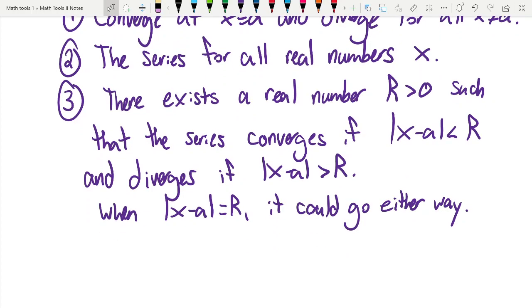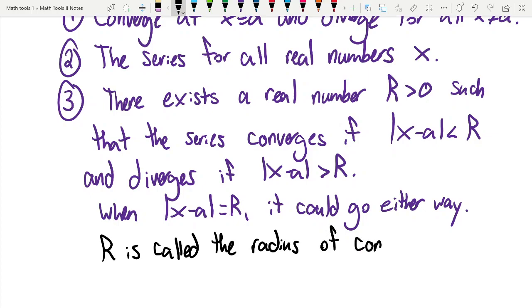Actually, I meant to write here as well. R is called the radius of convergence. So it's kind of giving you the length of the interval where it converges.